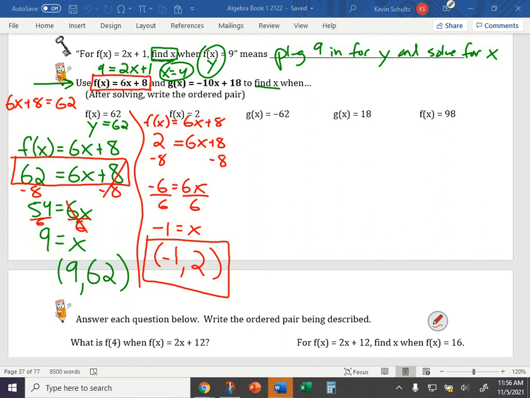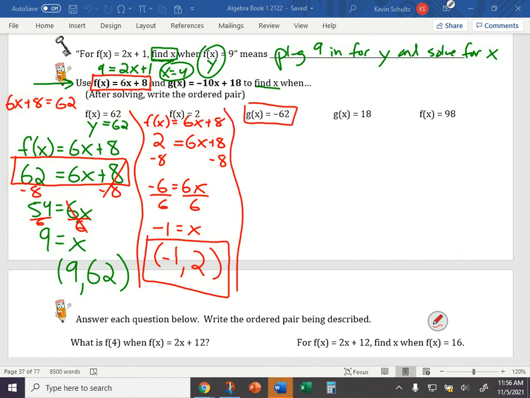Other questions? Other things you are wondering? Yes? On the g list, is the negative 10 in parentheses? This is not in parentheses. There's no power here, there's no exponent, so we don't have to worry about parentheses as far as squaring something. For the g ones, this first one here is negative 62.